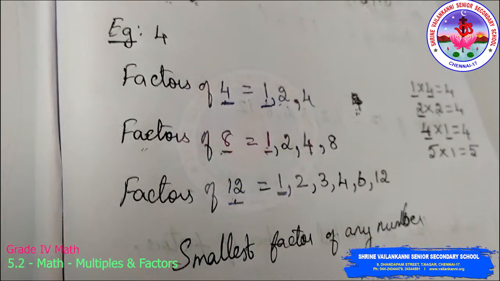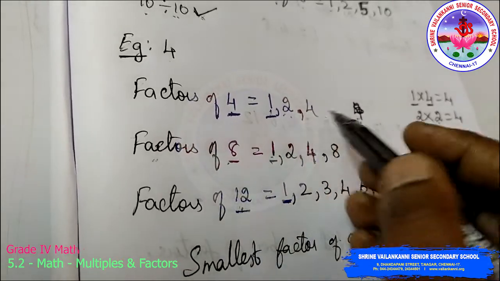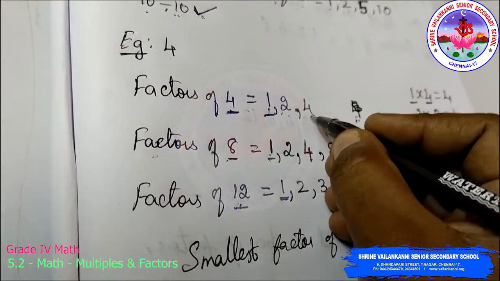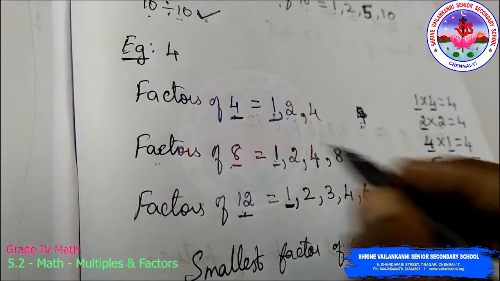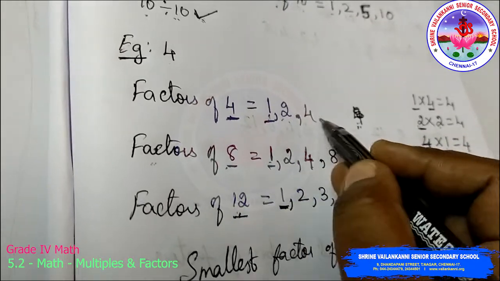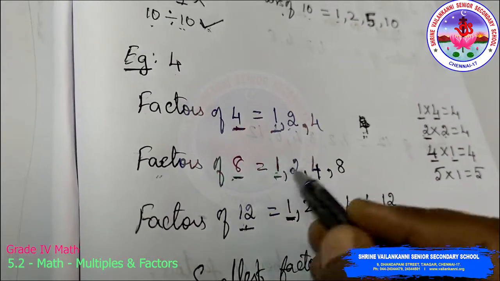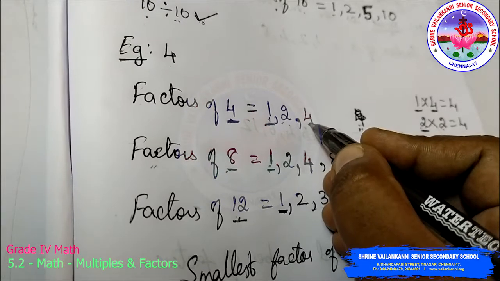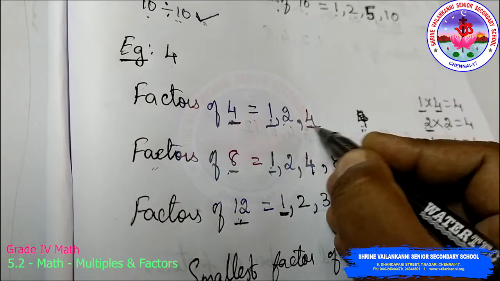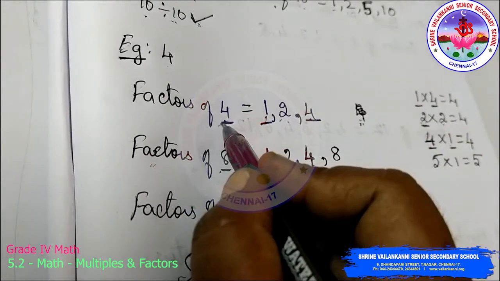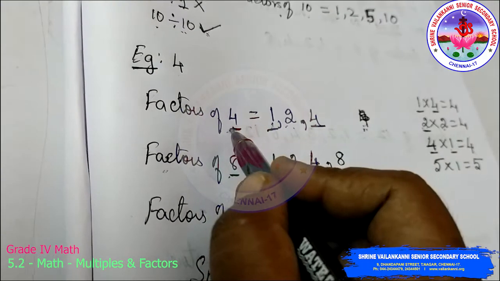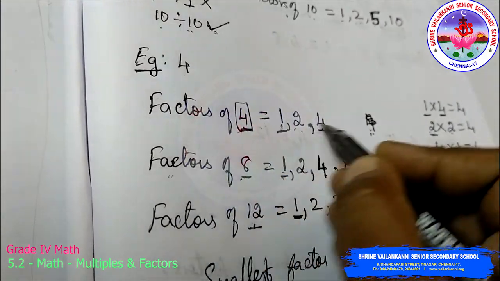So then if you take the maximum, the last factor, the greatest factor, whichever greatest number you found for the factors, if you see here factor of 4, the greatest value is 4. And the number for which you have found the factors is the same number, 4.